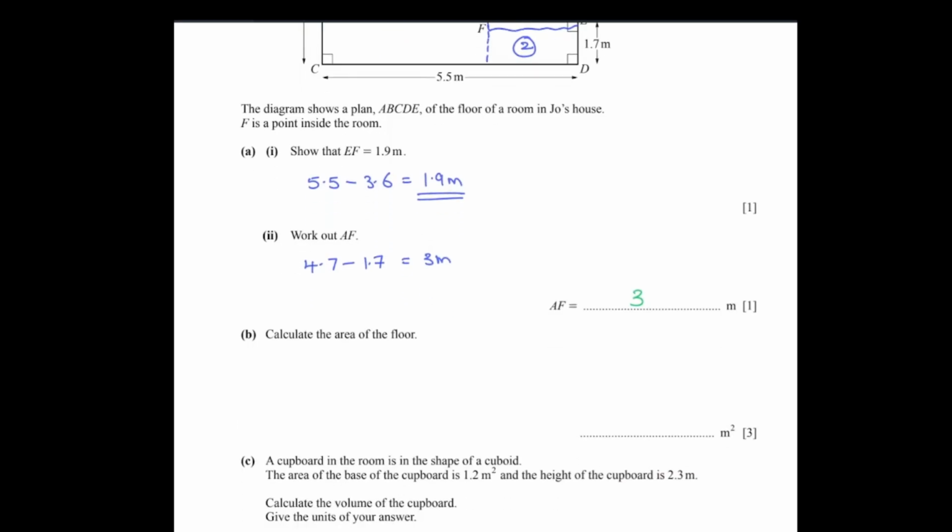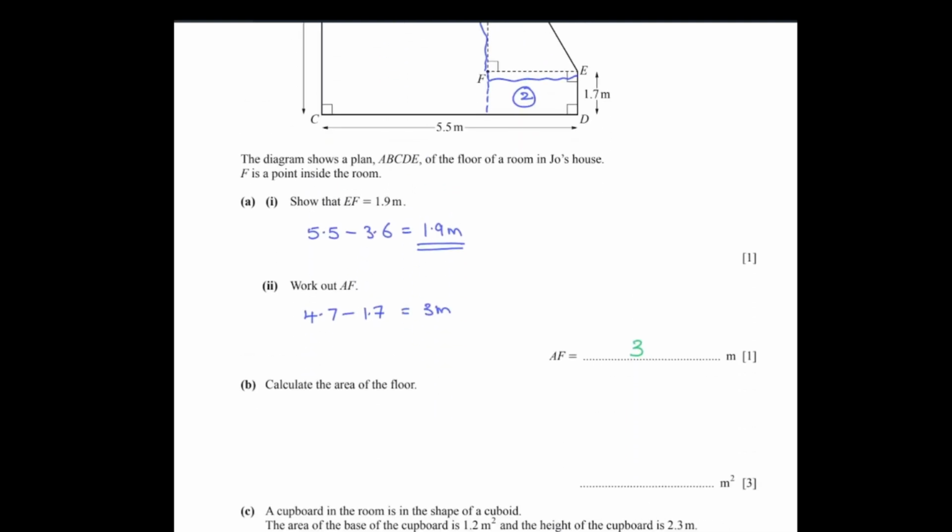So the area is 4.7 into 3.6 plus 1.7 into 1.9, or 1.9 into 1.7, plus half into base FE, which is again 1.9, and AF is 3.